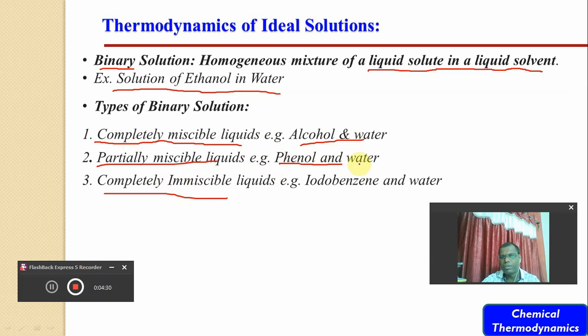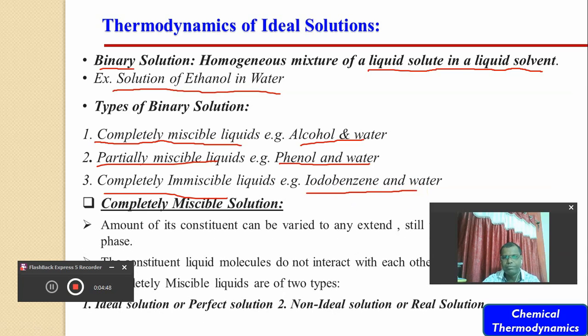For partially miscible, phenol in water is not completely miscible. These are partially miscible based upon the composition, and this pair is called partially miscible liquids. And another example is iodobenzene in water, in which iodobenzene and water are completely immiscible.